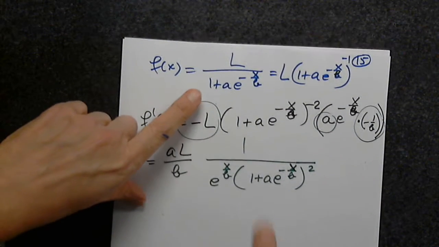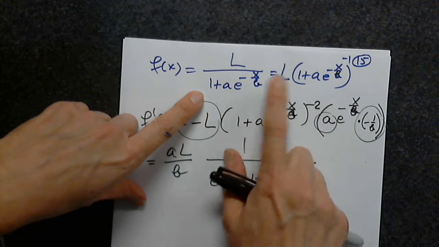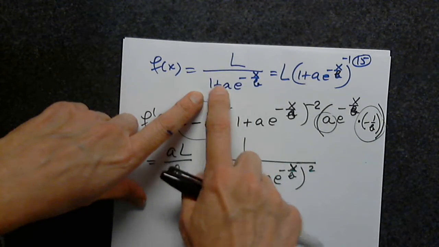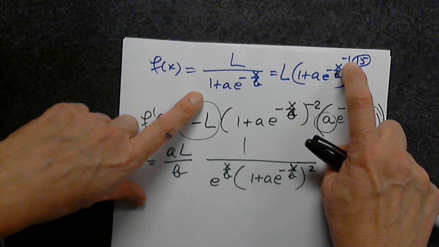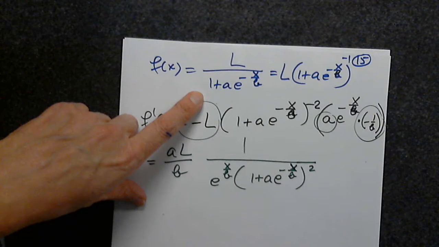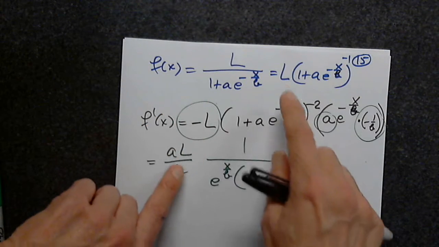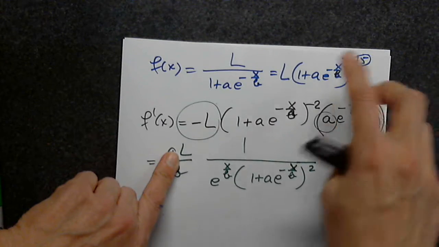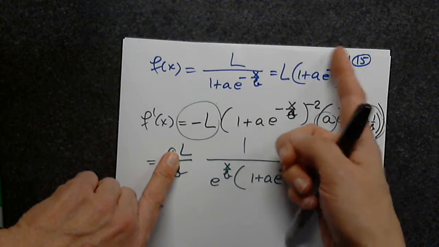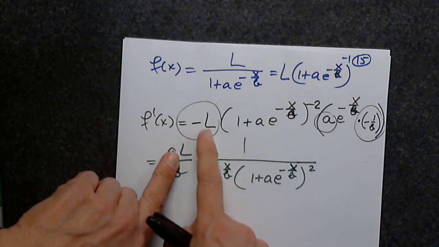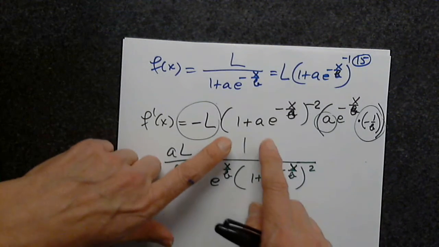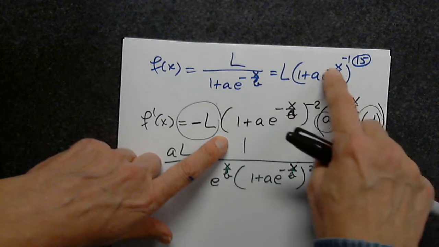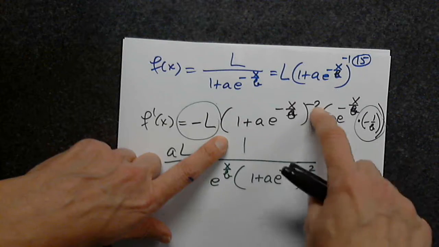Okay, let's do this again. I change it into a product. I had L, and all this quantity gets power -1. Agreed so far? Okay, I'm differentiating with respect to x. When I differentiate it, I bring down -1, I put it in front of L. And then this function to -1 minus 1, which will be -2.